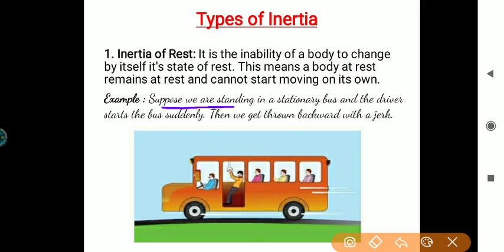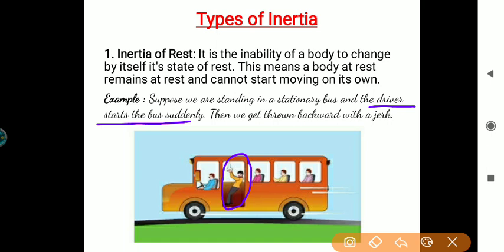suppose we are standing in a stationary bus, like this person. When the driver starts the bus suddenly, at the initial stage the state of this person is the rest position.